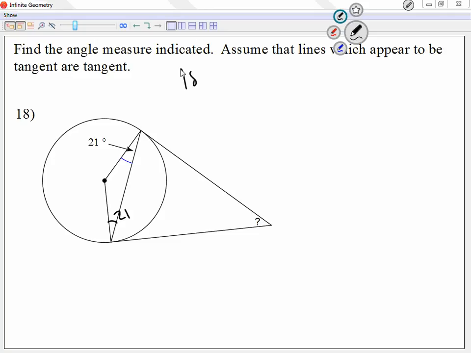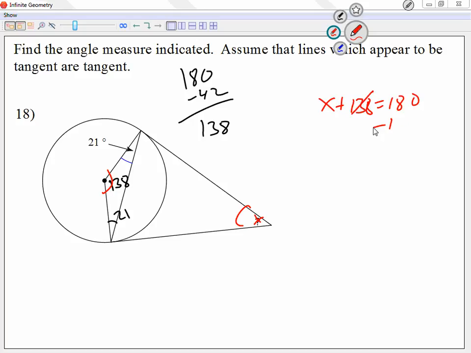Let me subtract that from 180. 180 minus 42 gives me 138. So this angle is 138. Now, looking at the kite, I know the top angle and the bottom angle add up to 180. So x plus 138 is equal to 180. X is equal to 42.